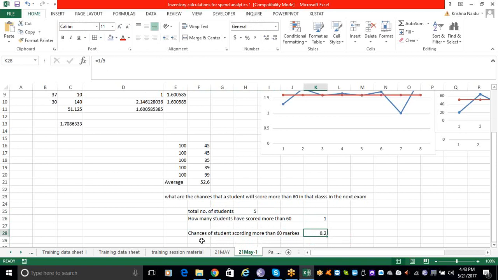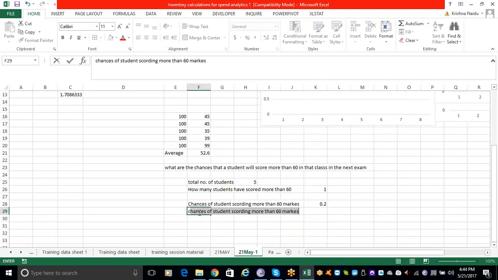So what is the probability, what is the chance of students scoring less than 60 marks? Can somebody tell this? 4 by 5. 4 by 5, that is equal to 0.8. 0.2 plus 0.8 is 1.